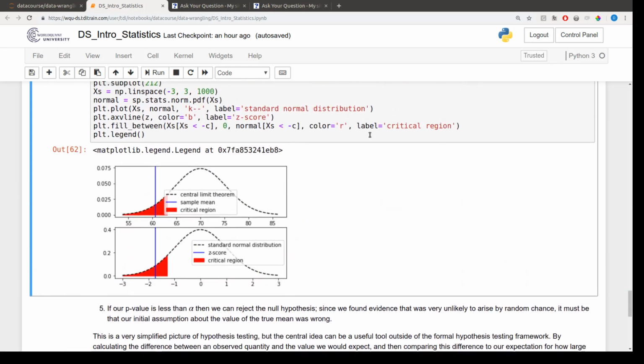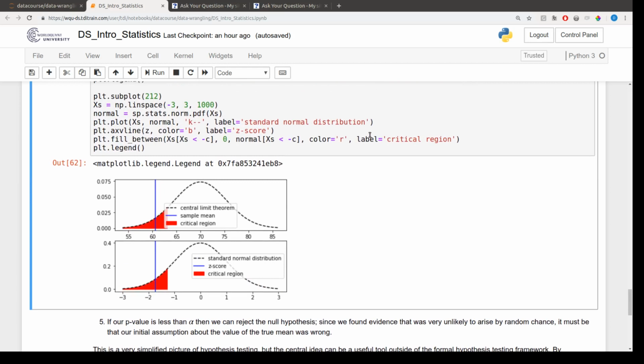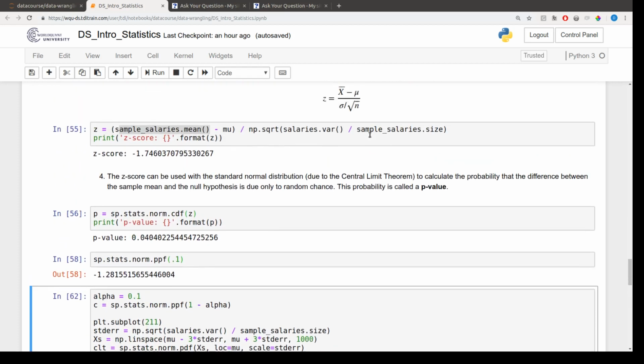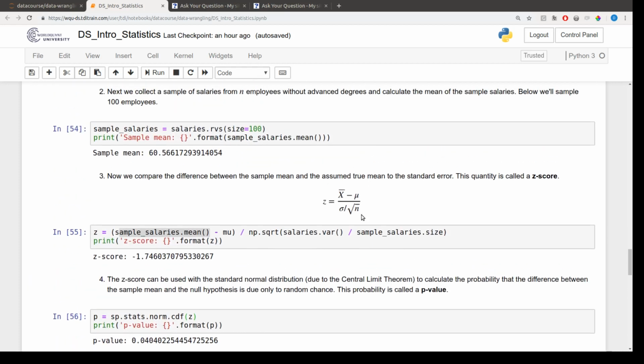So that's a picture of how hypothesis testing works, how we calculate z-scores and use those to calculate p-values. In the DW mini project, we ask you to calculate z-scores for a couple different questions.